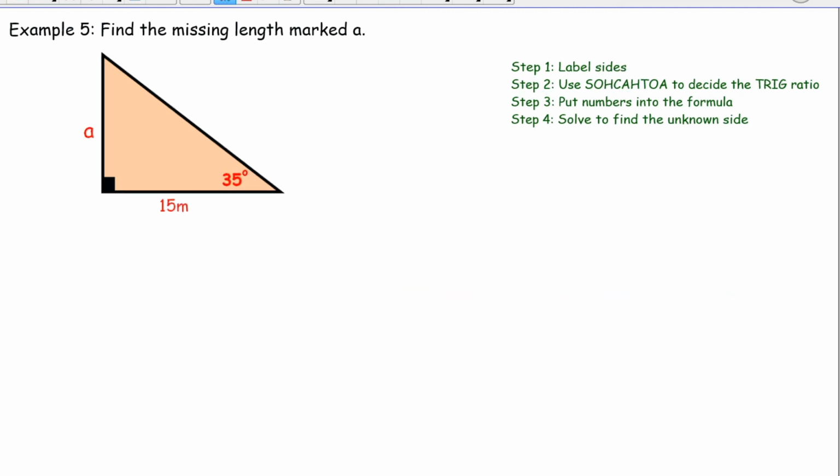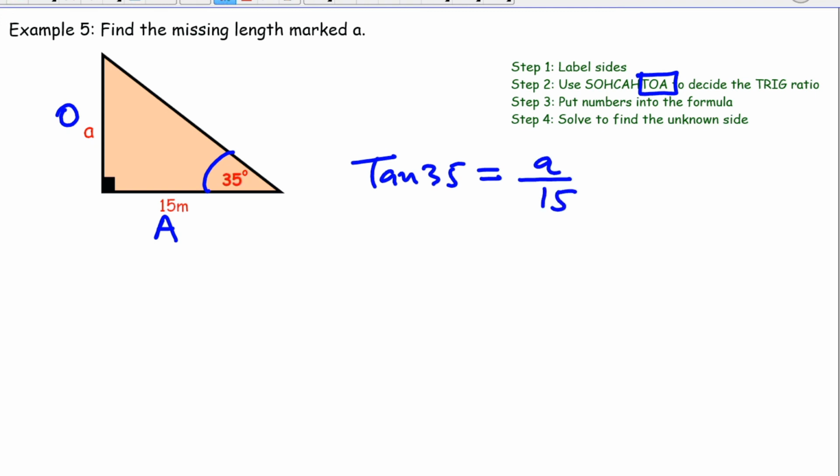Okay, example 5. Again, start by labeling the sides. That's the opposite, that's the adjacent. Opposite and adjacent, which means you're going to use tan. So we go ahead, tan of 35 is equal to A over 15. All right, what's the opposite of dividing by 15?